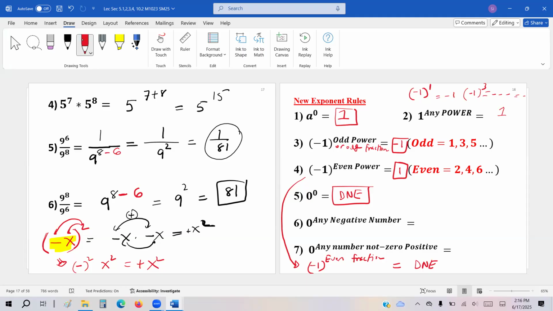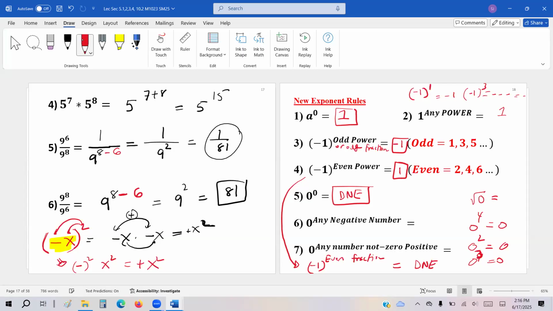How about 0 to the negative number? Now, before even going to the negative number, how about 0 to the positive number? For example, 0 squared. What is 0 squared? 0. What is 0 to the 3? Still 0. What is 0 to the 4? 0 times 0 times 0 times 0, still 0.